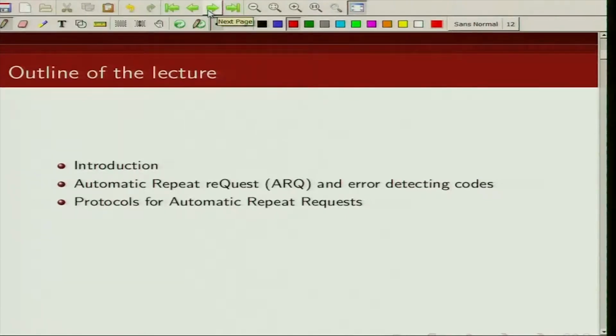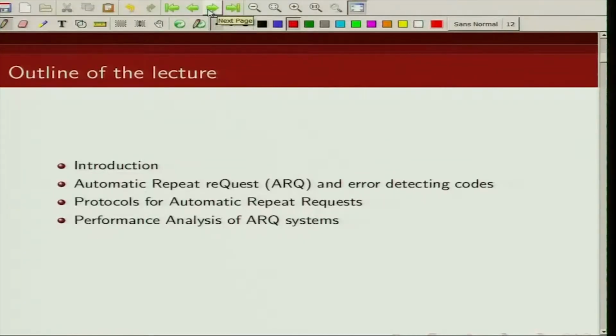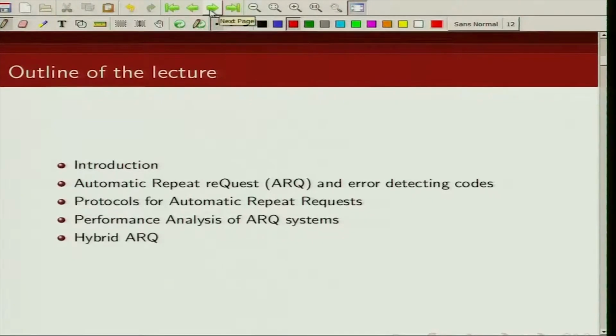Subsequently, I will be talking about three different protocols for retransmission, and then I am going to analyze the performance of those three protocols in terms of efficiency as well as reliability of those ARQ protocols. And finally, I am going to talk about hybrid ARQ, which is a combination of forward error correction and automatic repeat request schemes.